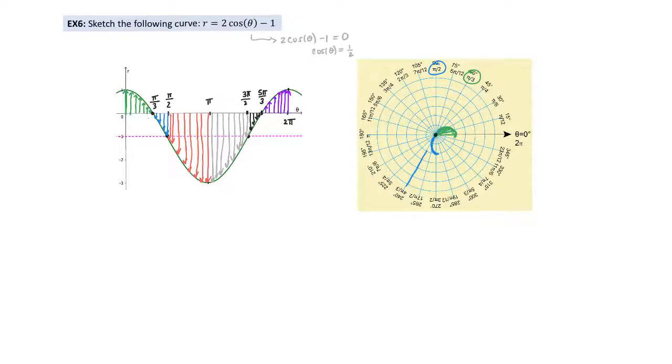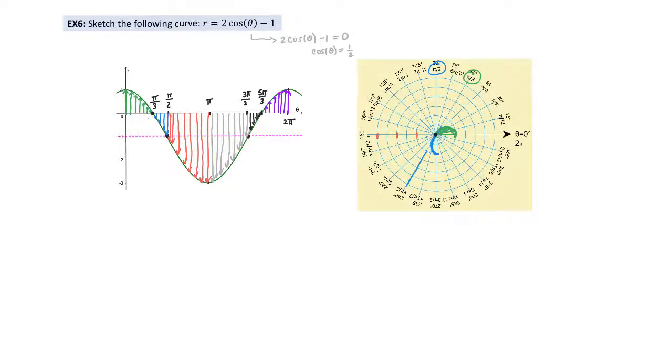Now we're going to go onto the red part. I noticed that the red goes from pi over 2 all the way to pi, still negative. And we're going from negative 1 all the way to negative 3. I will mark 3 units here at pi: 1, 2, and 3.